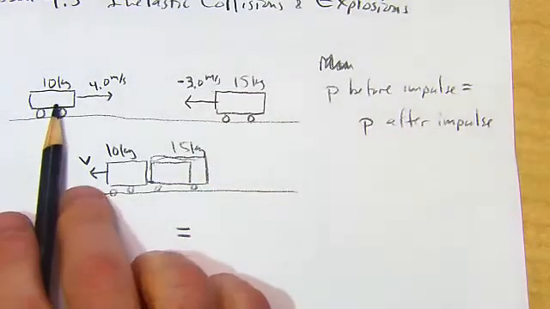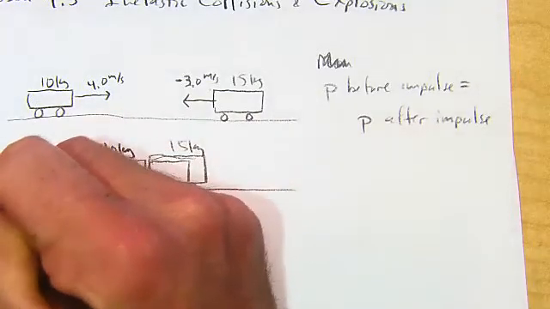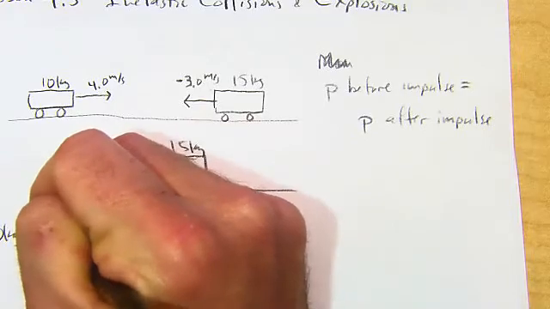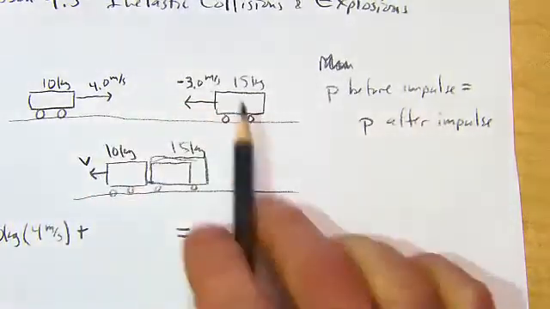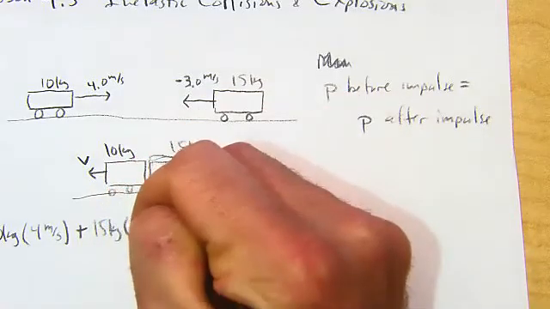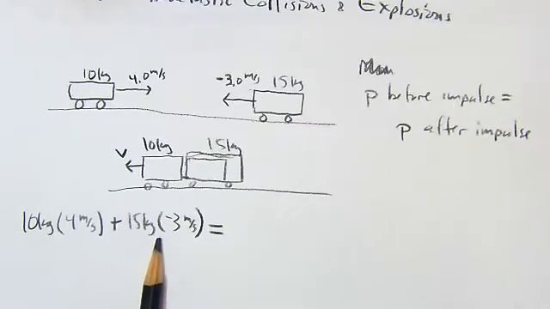P before, remember P is momentum: 10 times 4. We're doing the whole system, so we're going to do both cars. So we're going to say plus this momentum, 15 times negative 3. That's the total system momentum before the collision.